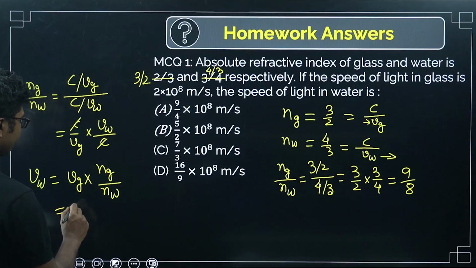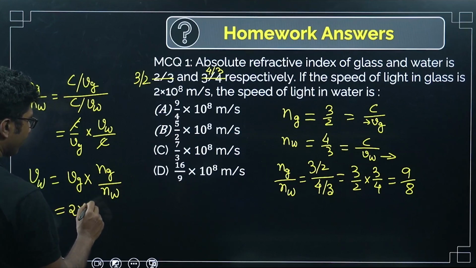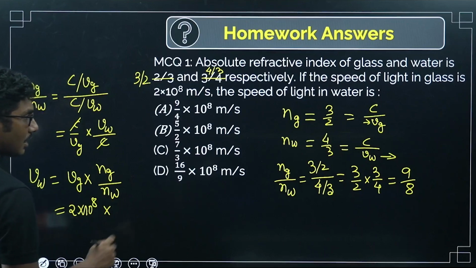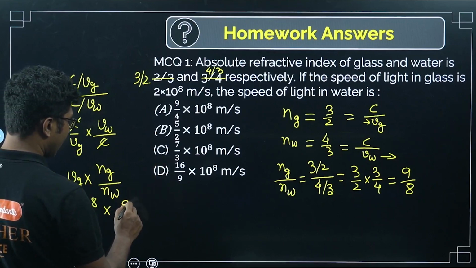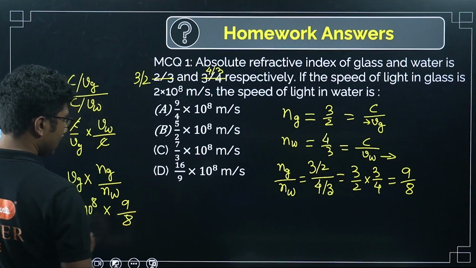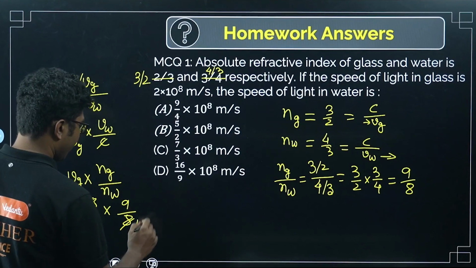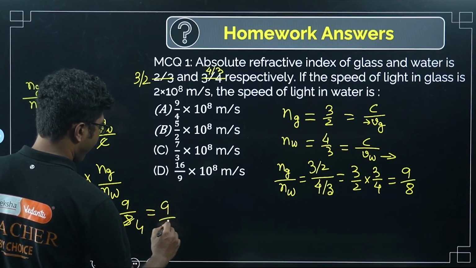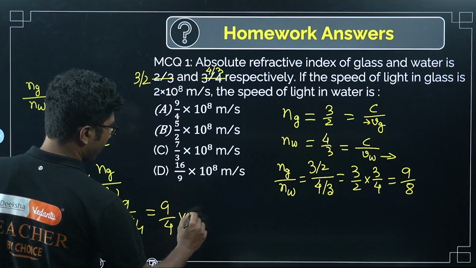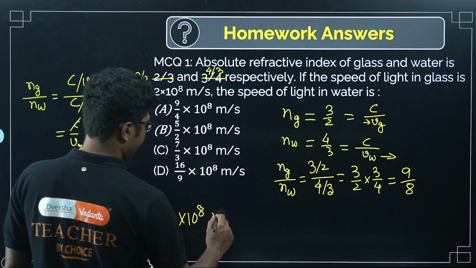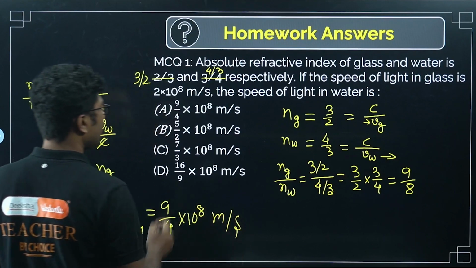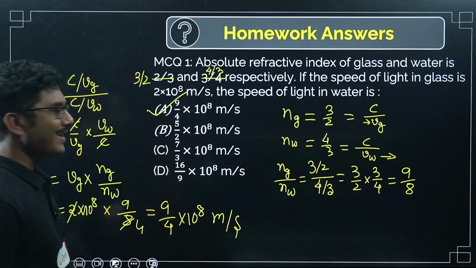Now Vg is given, 2 times 10 to the power of 8, times the value you have calculated, 9 by 8. So it will be 9 by 4 times 10 to the power of 8 meter per second. Right? So the correct answer is option A.